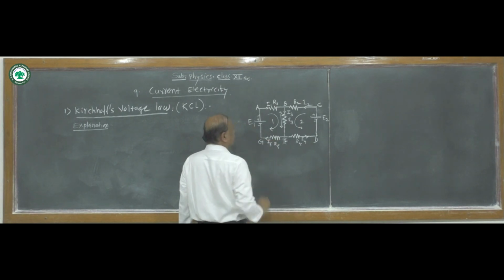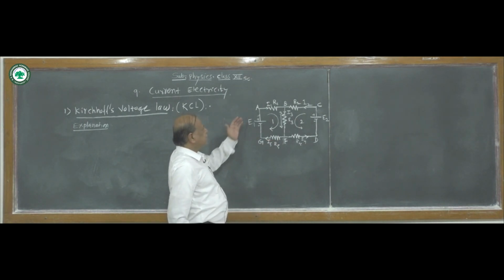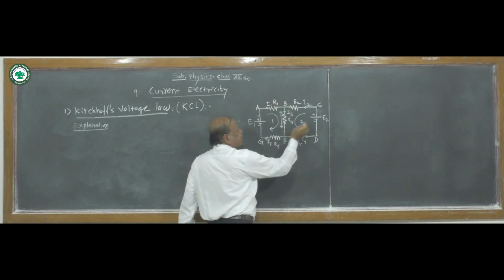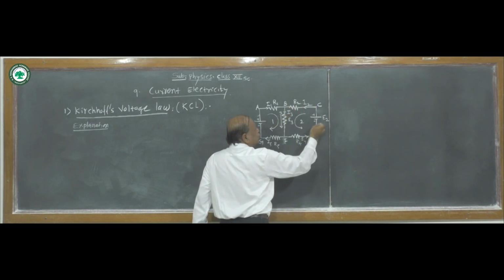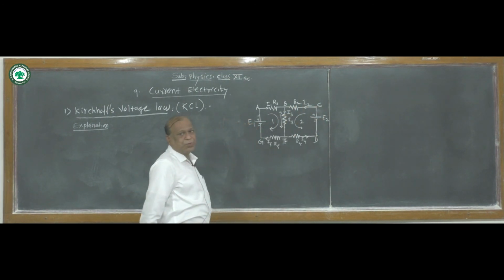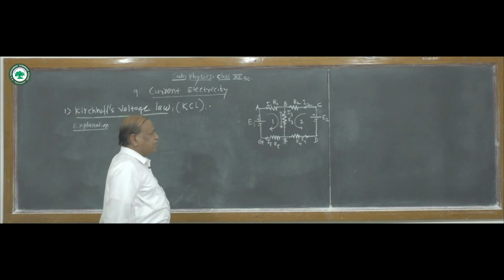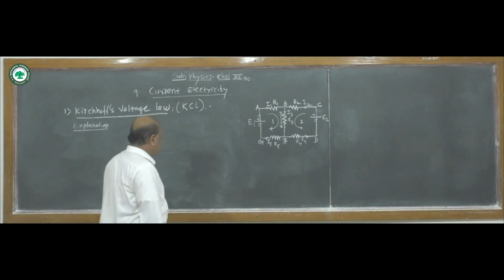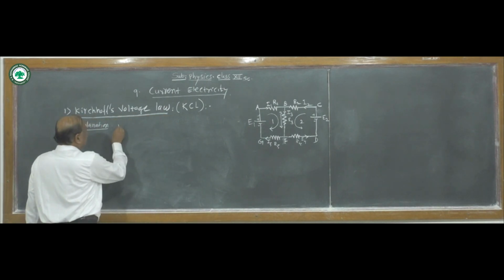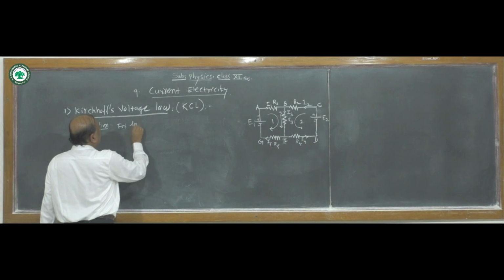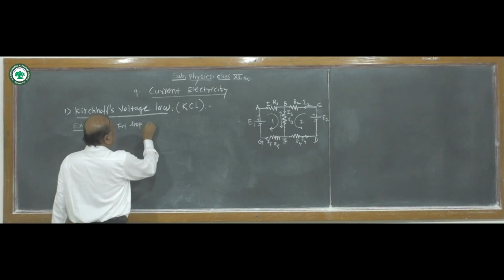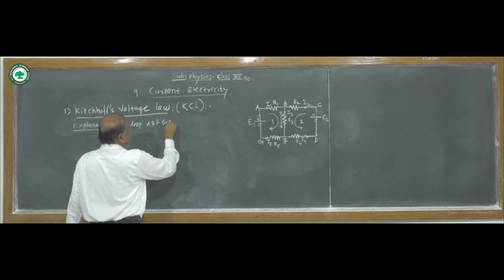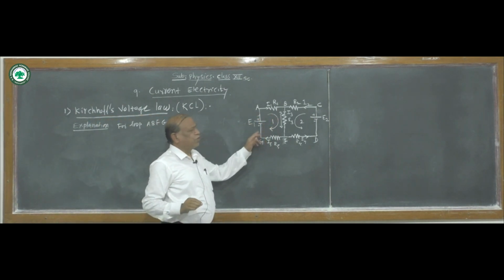Current flows from the positive terminal to the negative terminal of this battery. You already studied this in electrical circuits. Now consider this network for the loop A, B, F, G, A, that is, the first loop.